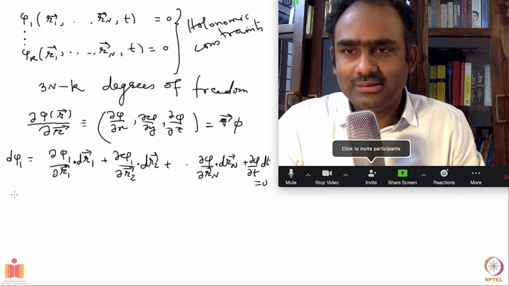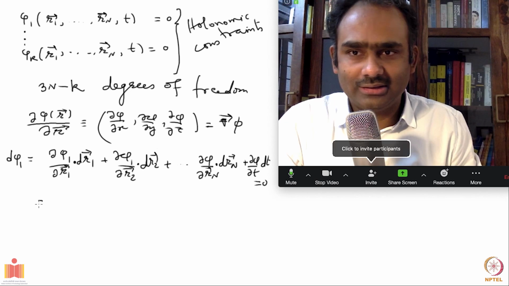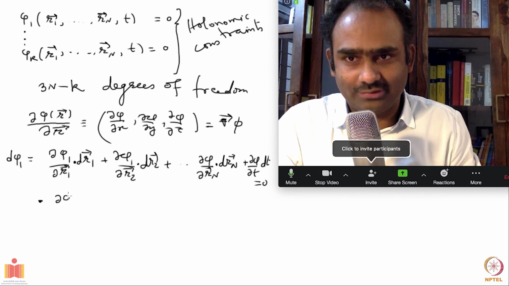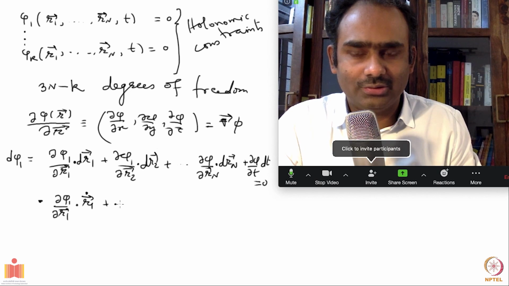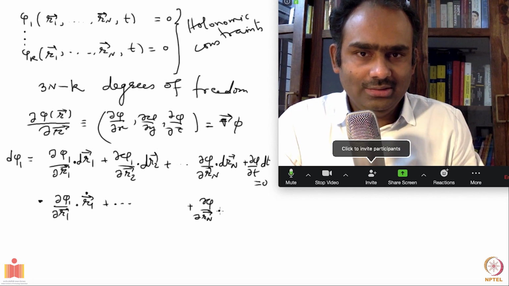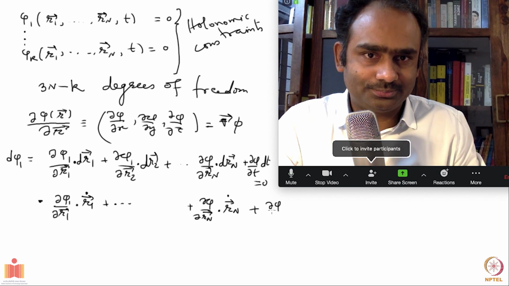Now if I divide by dt, I can write another relation which now constrains the velocity. So ∂φ1/∂r1 · r1 dot, and so on and so forth, plus ∂φ/∂rn · rn dot, plus ∂φ/∂t.